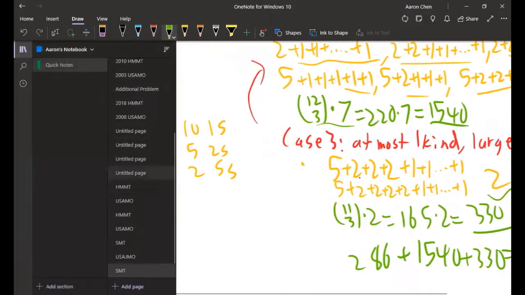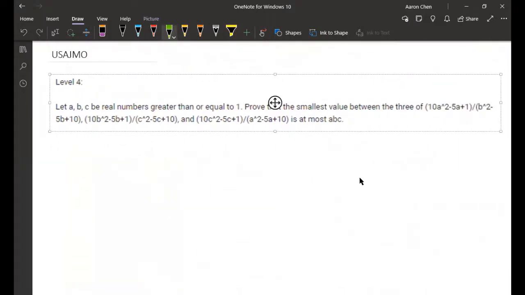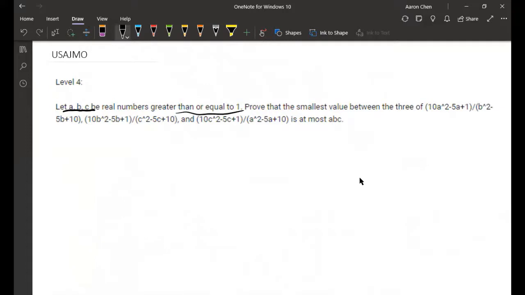So now let's move on to the level 4 question. So let A, B, C be real numbers that are at least 1.